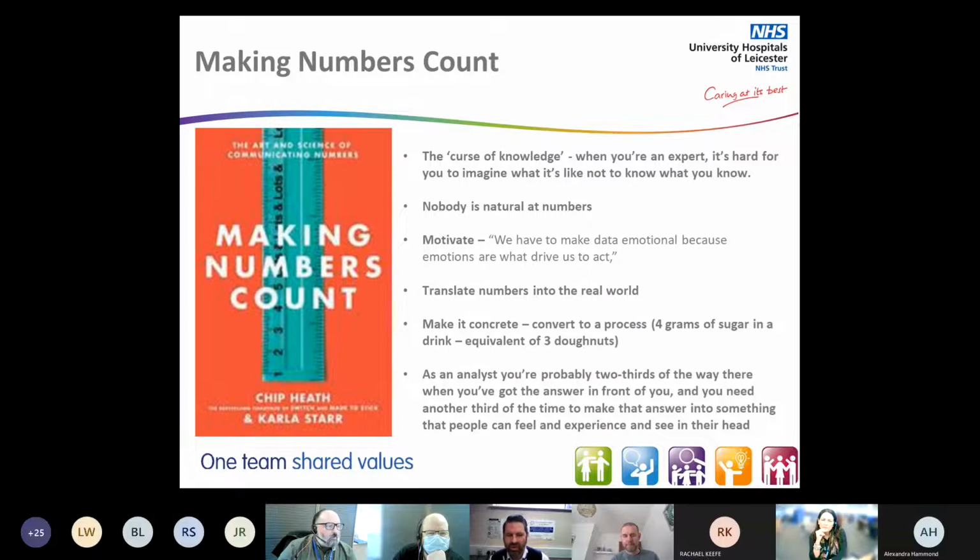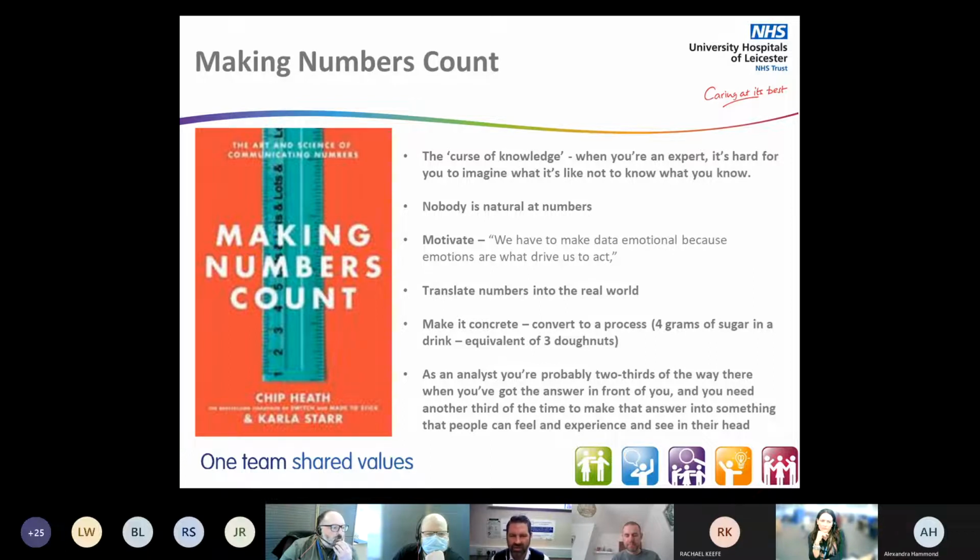And I think before we go too much into the infographics, one of the most important things is making numbers count. And one of the most important aspects of that is the curse of knowledge. Recently I've come across this book called Making Numbers Count, and I found it really interesting. I've ordered a copy that should have arrived yesterday, but it hasn't.